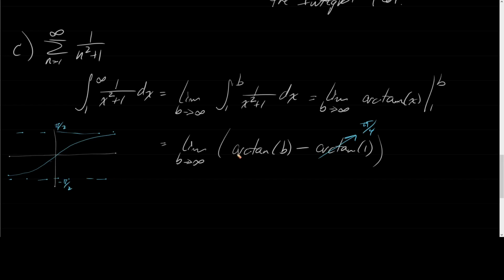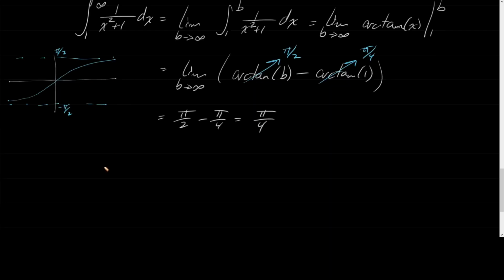So as b goes to infinity, arctan goes to pi over 2. So what we get now is pi over 2 minus pi over 4, which is pi over 4. So what we found here is that the integral from 1 to infinity of 1 over x squared plus 1 dx is equal to pi over 4, so it converges.